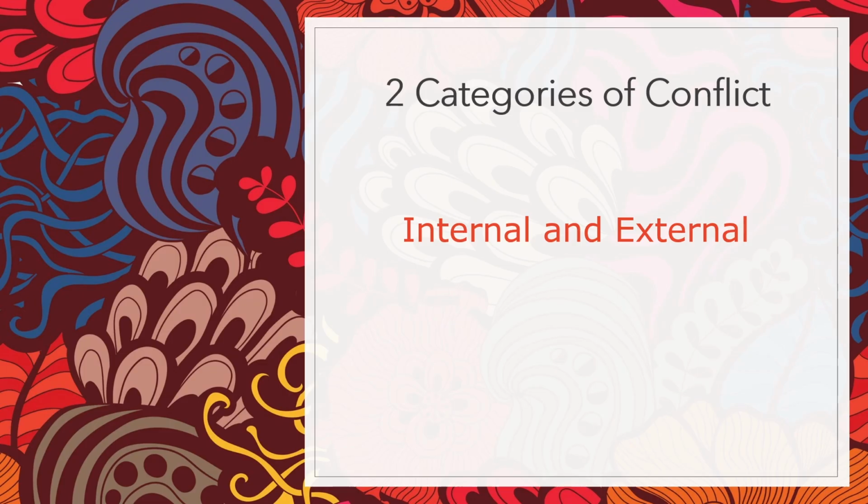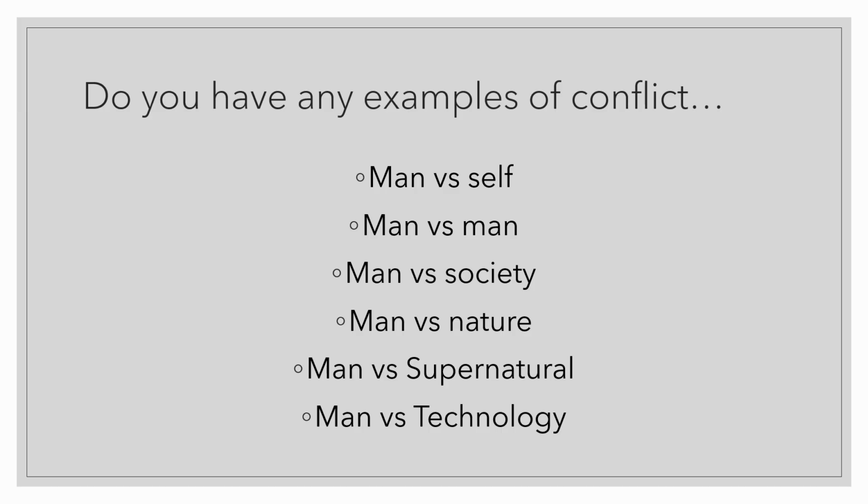These two types of conflict will lead the way to the six types of conflicts, or six examples of conflict. That is man versus self, man versus man, man versus society, man versus nature, man versus supernatural, and man versus technology.